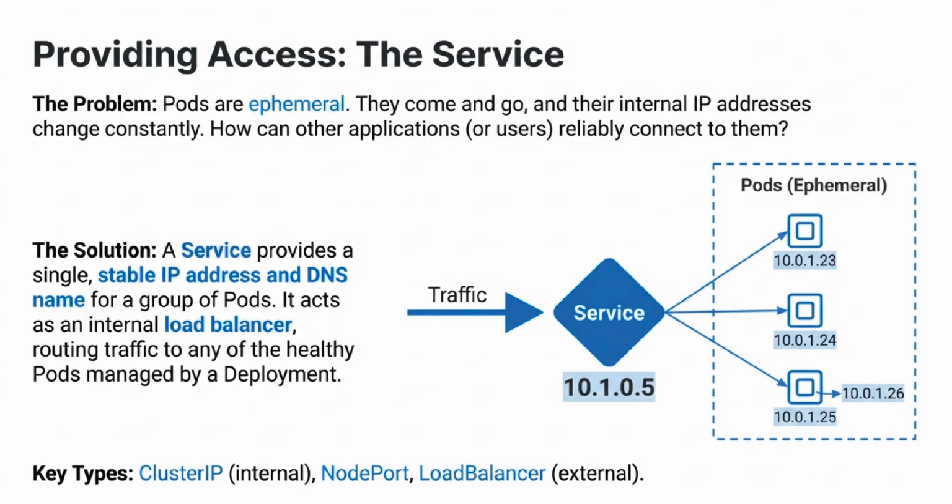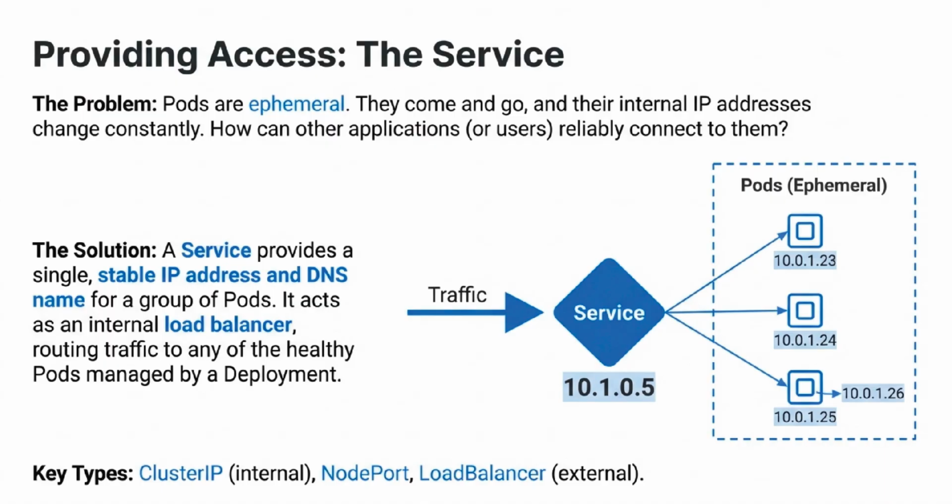Pods are temporary. They come and go. Their internal IP addresses change constantly. So how can other applications reliably connect to them? That's where services come in. A service provides a single, stable IP address and DNS name for a group of pods. It acts as an internal load balancer, routing traffic to any of the healthy pods that are part of the deployment.